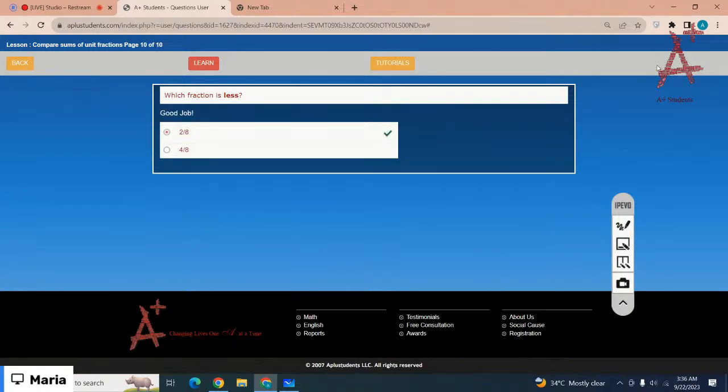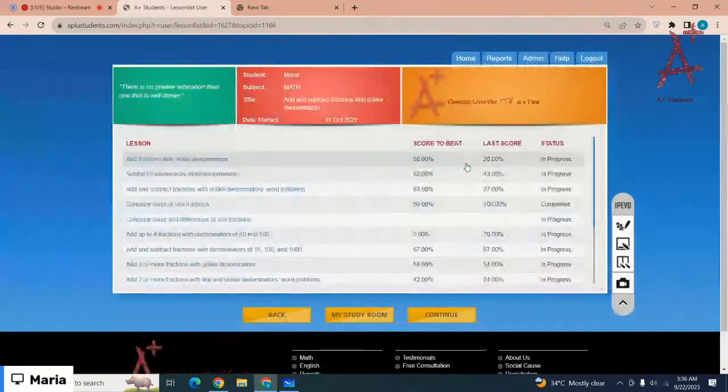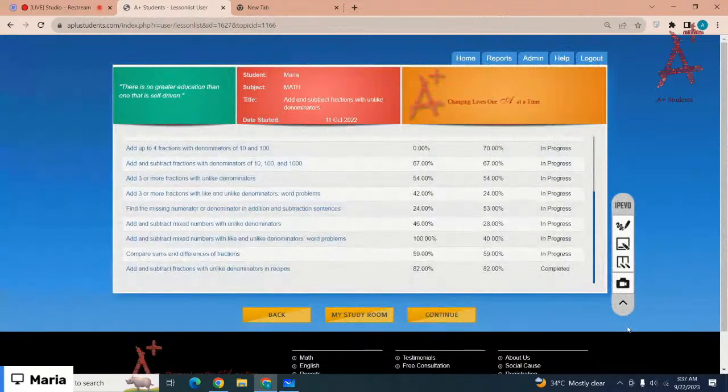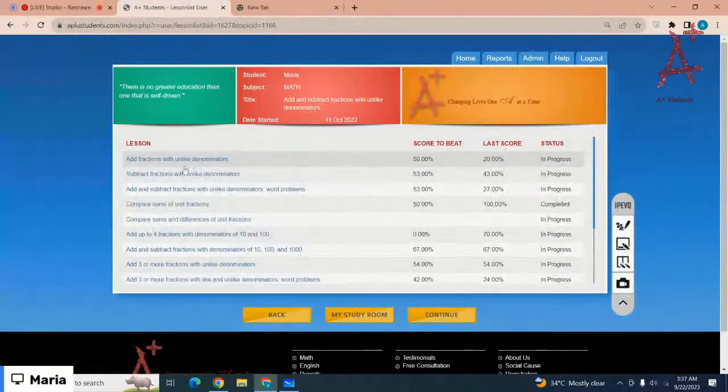Okay, we are done with the lesson. Let me see which lesson is the next one if we can cover. Compare sums of unit fractions, right? We just did that. Okay, we'll do the next lesson in the next session.